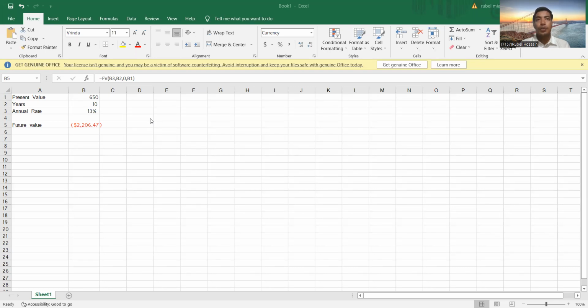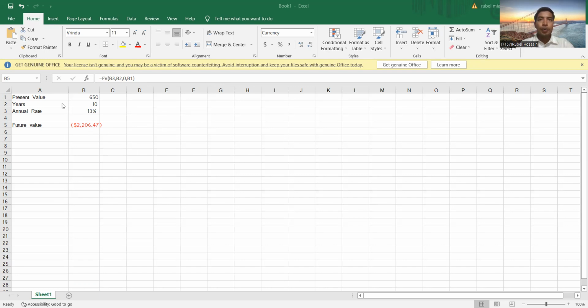For the answer of this question, I want to select time value of money, and the ways are as follows. Problems related to time value of money. Here there are many different problems and we can solve them easily through Microsoft Excel.